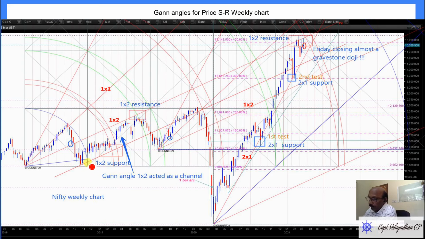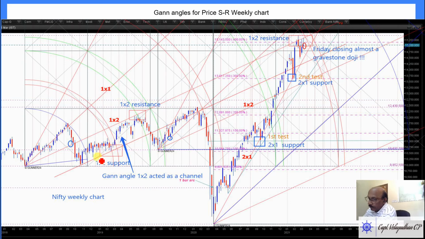It is showing support at 1 by 2. You can see it showed support. So it was resistant to move above 1 by 1 and 2 by 1.